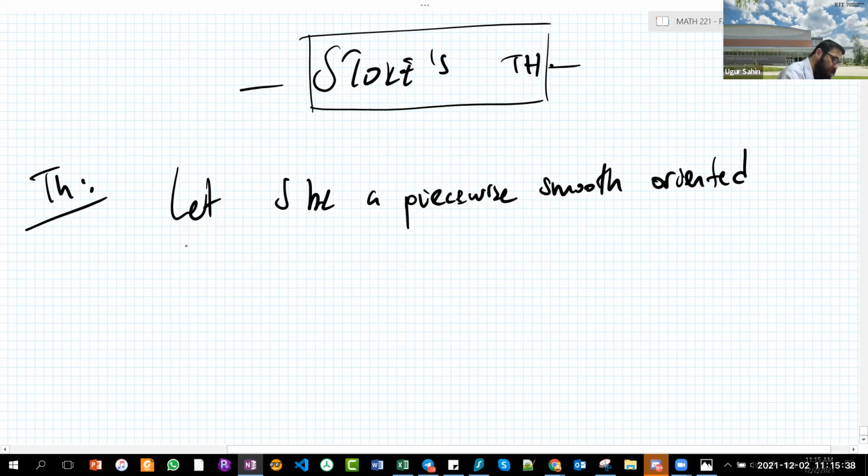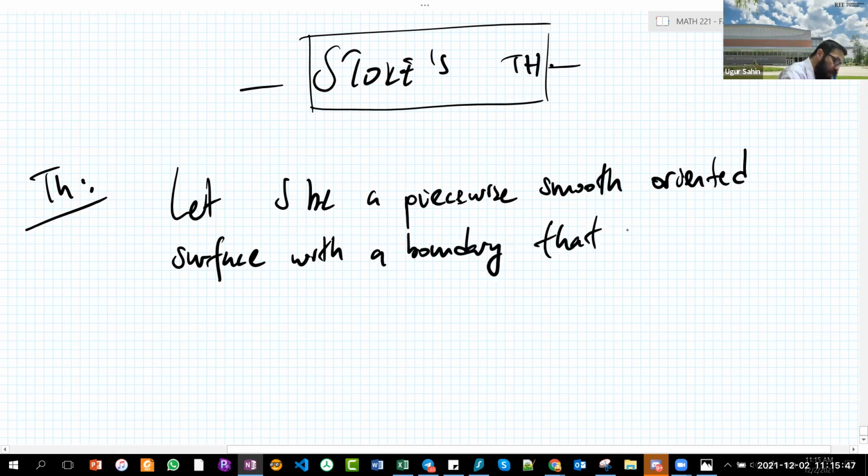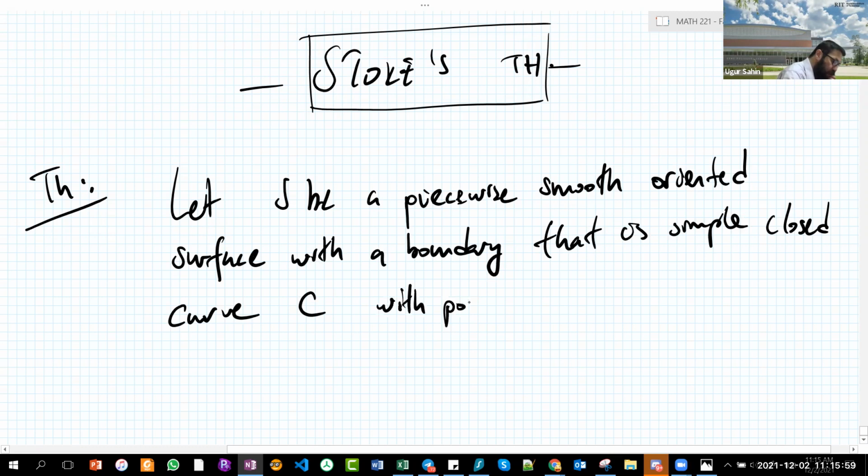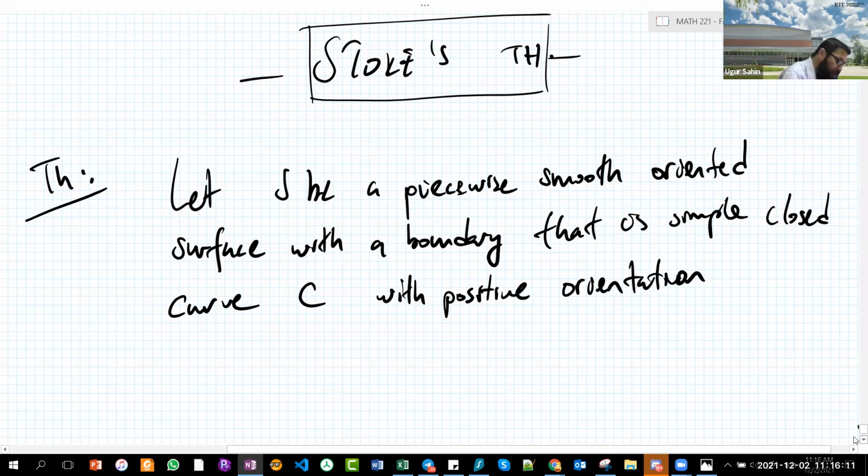So, a smooth oriented surface with a boundary that is a simple, closed curve C with positive orientation. Okay, that is how we define my surface.